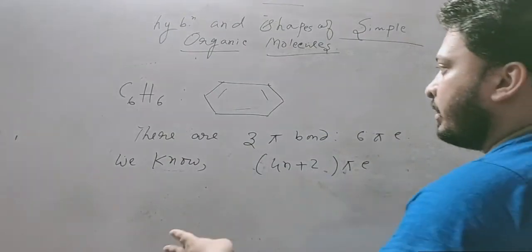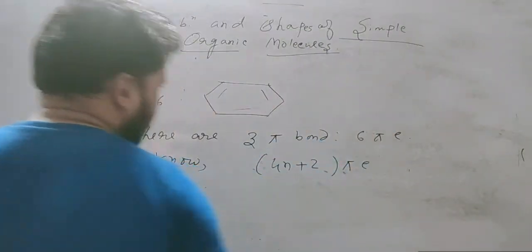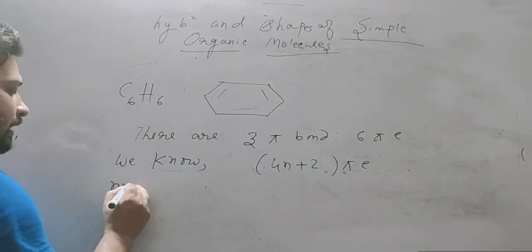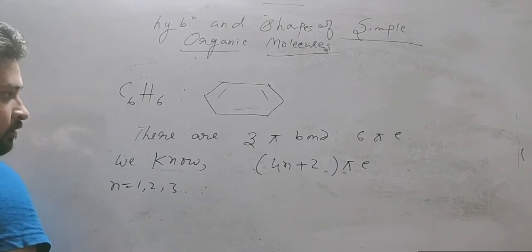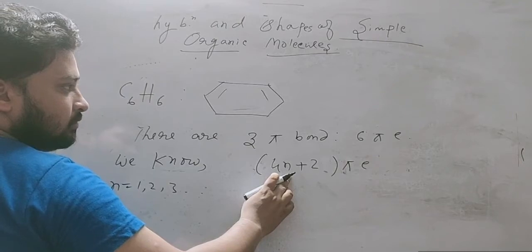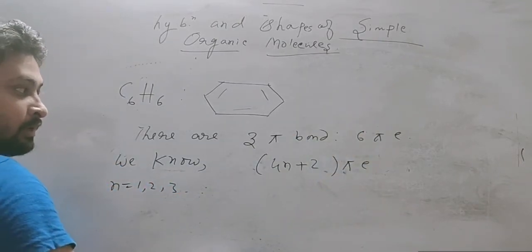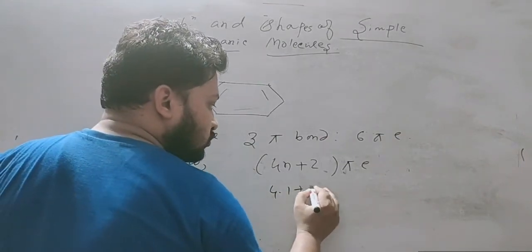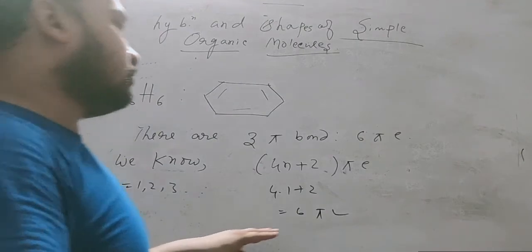So let's see if benzene is an aromatic compound. If we put any integer value 1, 2, 3, for n, and put the value 1, can we get 6 pi electrons? 4 times 1 plus 2 is 6. Yes, we get 6 pi electrons.